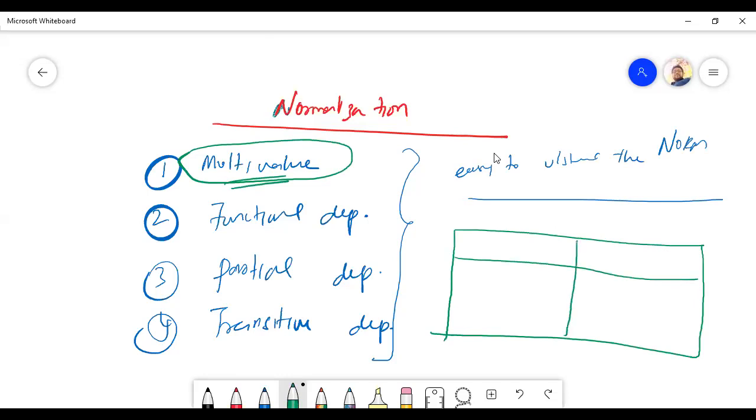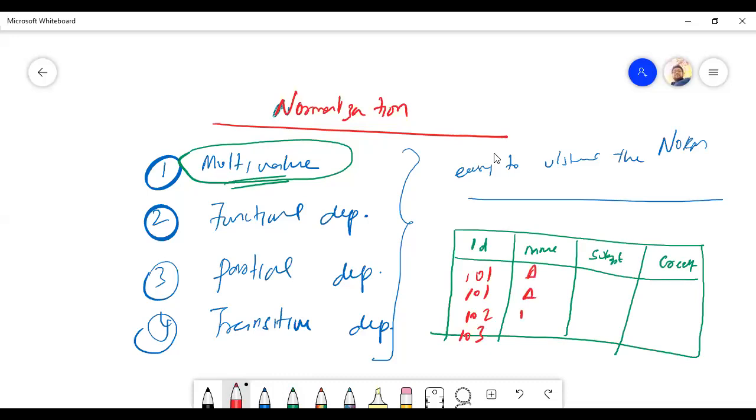So I'm writing ID, name, subject, credit, right? 101, 101, 102, 103. Names A, A, B, C.